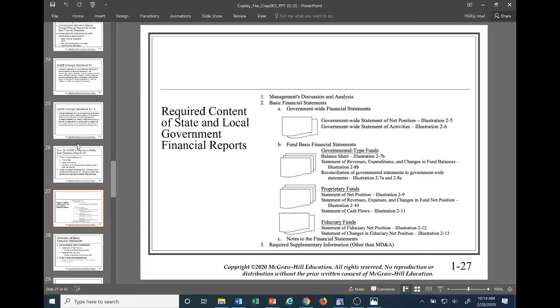They have the statement of net position, the statement of revenues, expenses, and changes in fund net position, and a statement of cash flows. Next, we have the fiduciary funds, which have the statement of fiduciary net position and the statement of changes in fiduciary net position. Lastly, we have the notes to the financial statements, and then required supplementary information other than MD&A, right?